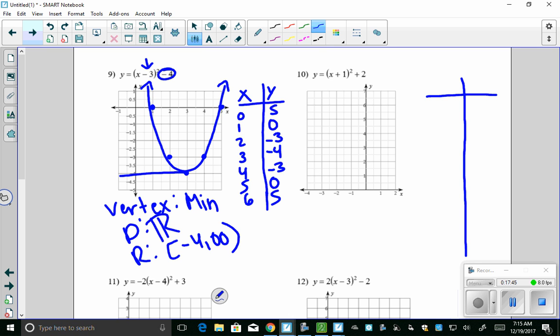Same thing. It's going to be -1, 2. And you're going to do one above and one below, and then plug it into your calculator. I got 11, 6, and 3.